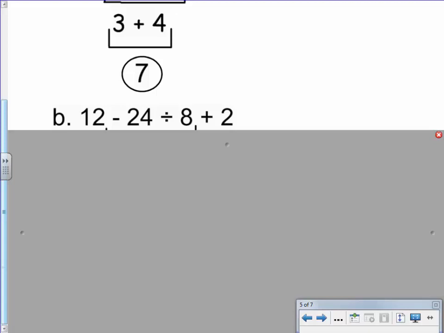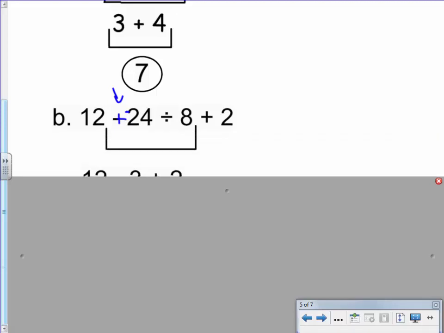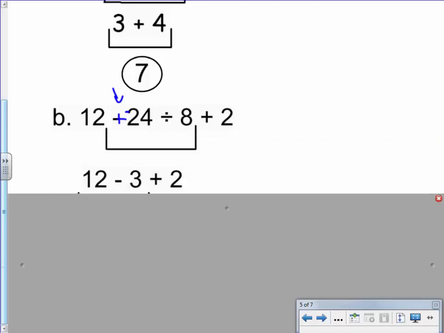So some people will choose to rewrite it as 12 plus negative 24 divided by 8 plus 2. That works. You can do it either way. You just have to remember that the negative does go with the 24. So it is negative 24 divided by 8, which is a negative 3. Or you could have written it as 12 plus negative 3 plus 2, either one.